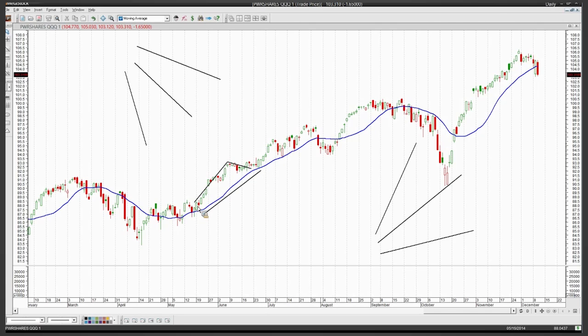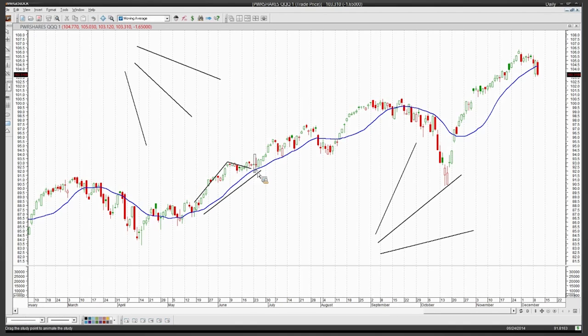So this is what we're looking for. We're looking for that slope, and we're looking for a pullback here or a consolidation. And as long as that momentum on the 20 is still there, then we're looking for a reversal pattern. And the reversal pattern we're looking for is the bullish engulfing pattern, which in this case happens to be right here.